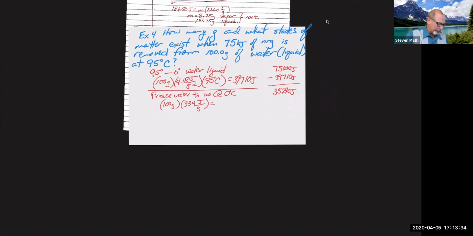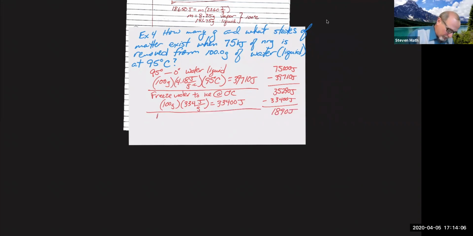Ooh, this is going to be close. Oh my gosh. 33,400 joules. So we still have a little bit of energy left to remove. 35,290 minus 33,400, we still have 1,890 joules to use.